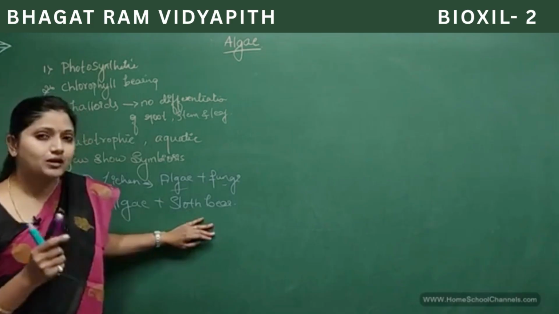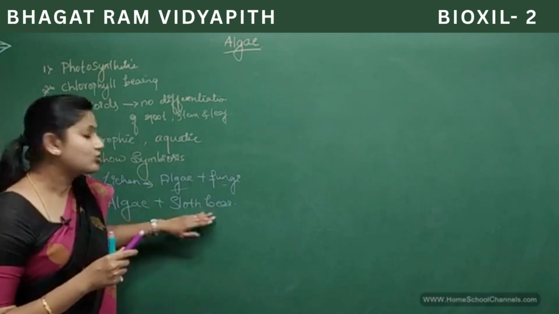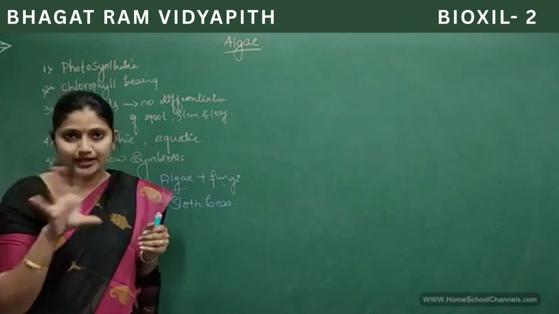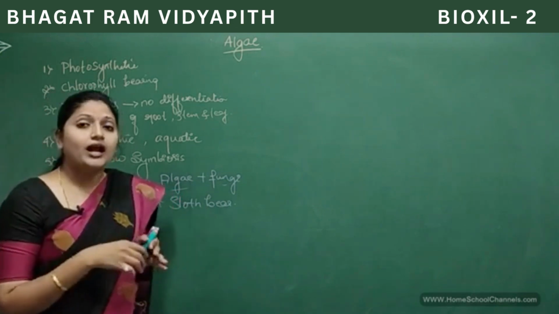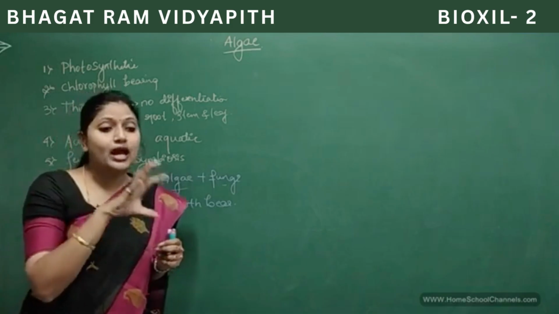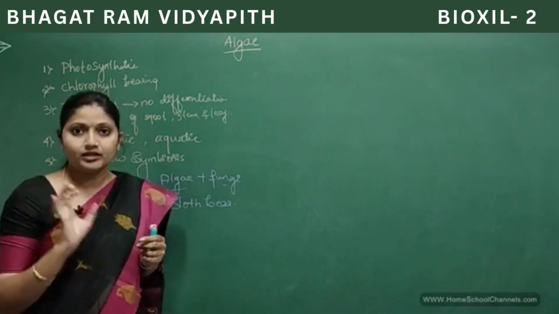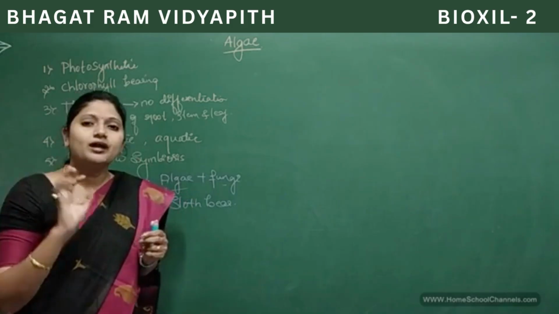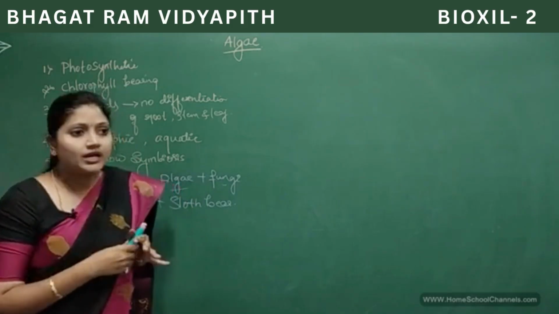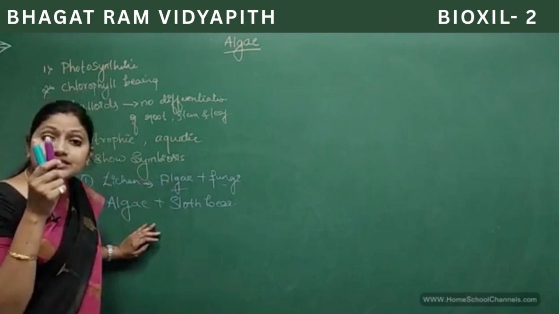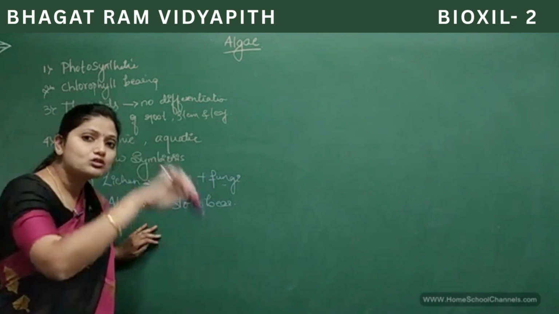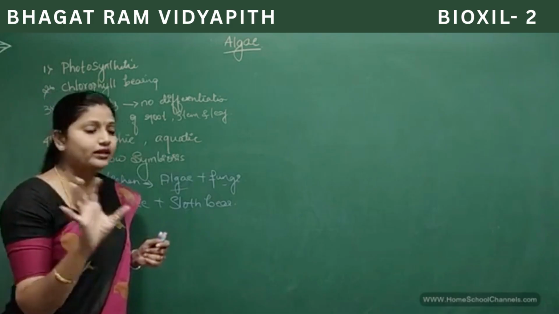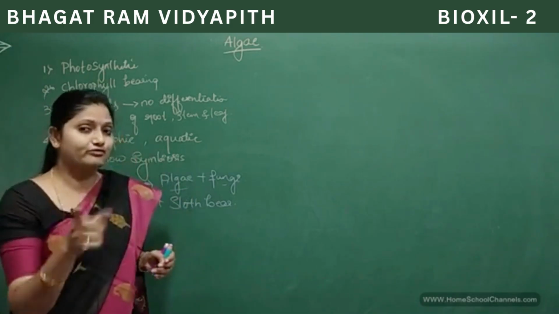So firstly we'll speak about the sloth bear. Sloth bear actually is made up of fur. It has fur all over it and that fur usually absorbs water readily. Fine. So that fur of the sloth bear will have more water, and this algae which is growing on the sloth bear can easily get the proper amount of water from the sloth bear's fur.